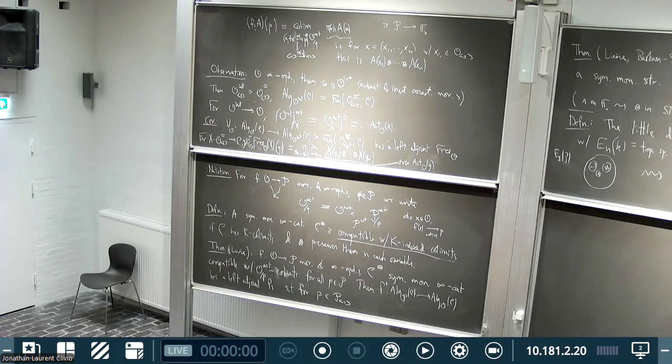I view operadic left Kan extension as a left adjoint internal to the infinity two category of operads if I give it a convolution structure or something. I've never thought about that. I'm not sure.